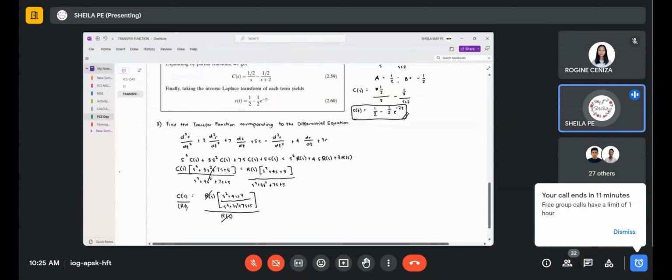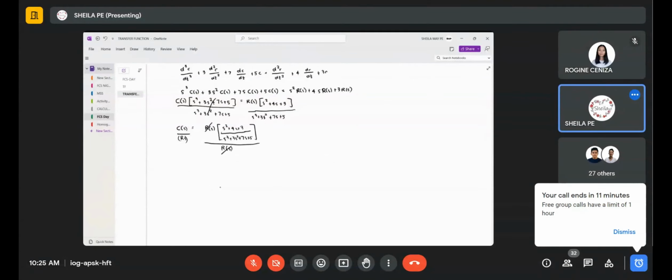Basically we have G(s) equals C(s) over R(s), equal to s squared plus 4s plus 3 over s cubed plus 3s squared plus 7s plus 5. So that's our G(s).